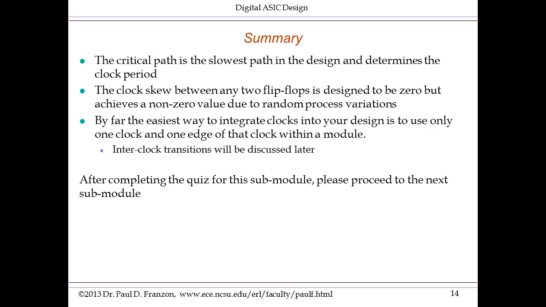The clock skew between any two flip-flops, the clock arrival time difference between them, is designed to be zero, but is not zero due to random variation. But it is bounded by a maximum skew that can be achieved by the tools. And finally, going back to the mantra, by far the easiest way to integrate clocks into your design is to use one clock and one edge of that clock within each module, and to use flip-flops only.